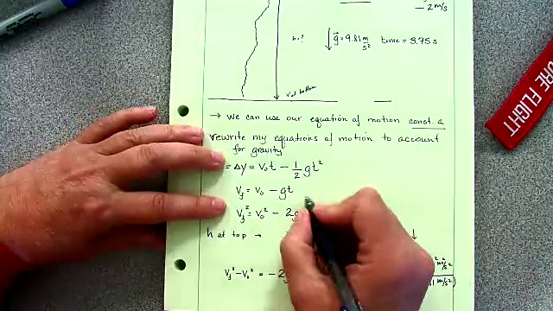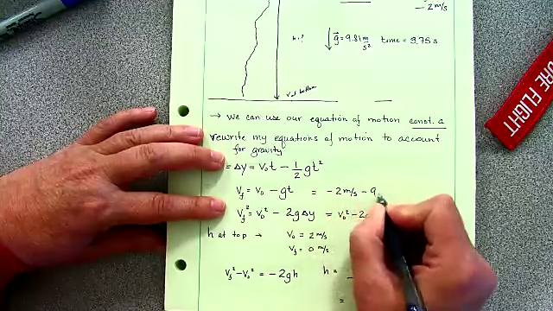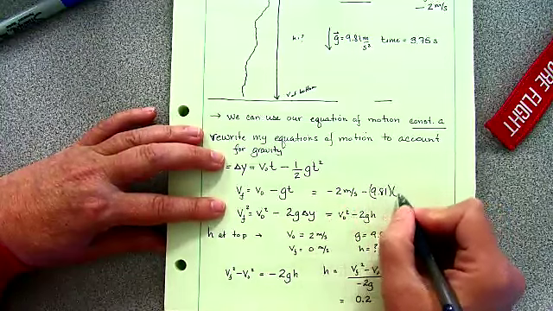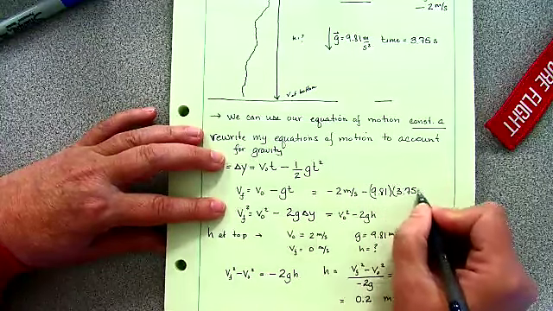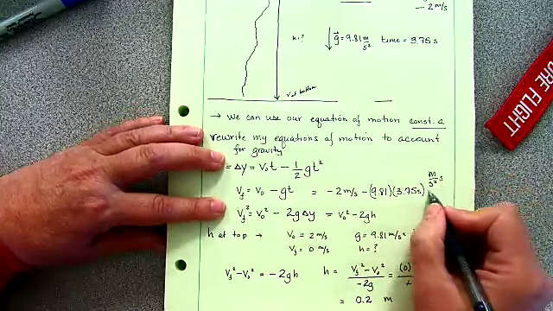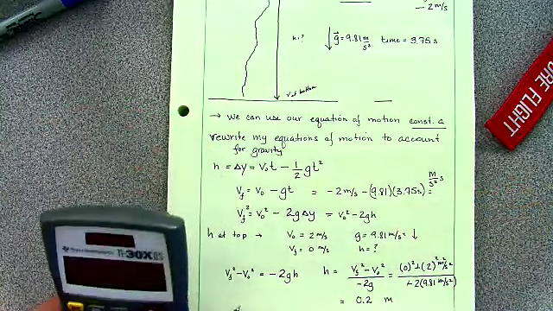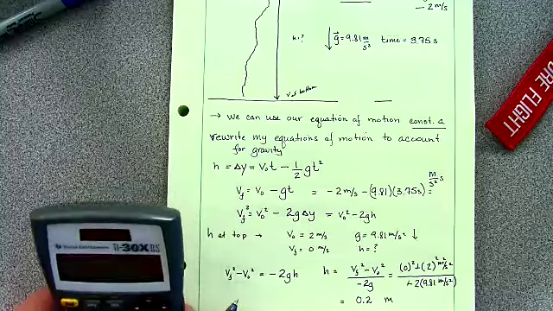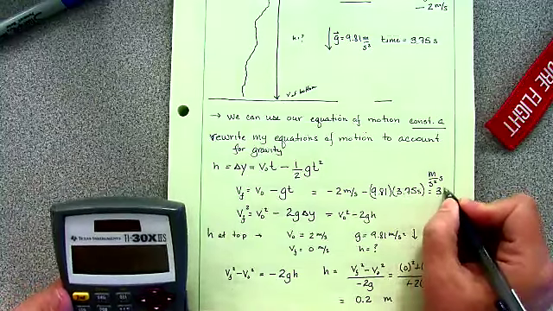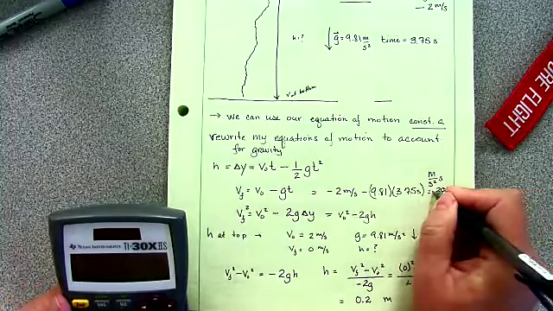So my final velocity is going to be a negative 2 meters per second minus 9.81, and I was given my time as 3.75 seconds. So I've got meters per second squared times seconds, so I'm in meters per second. That's all good. And when it hits the ground, it's going to be traveling at 38.8 meters per second, and it's in the negative direction.